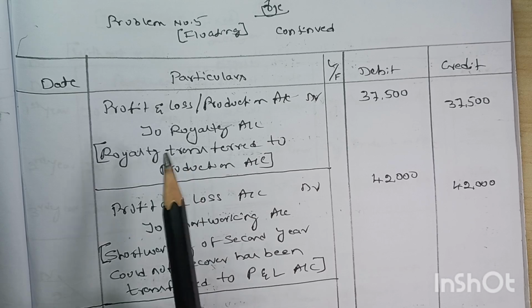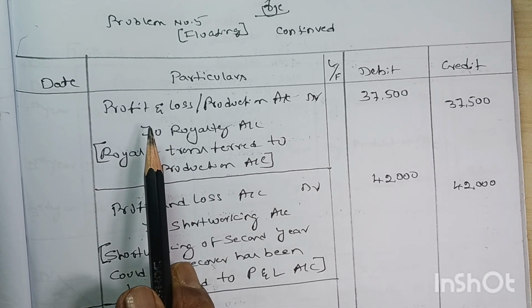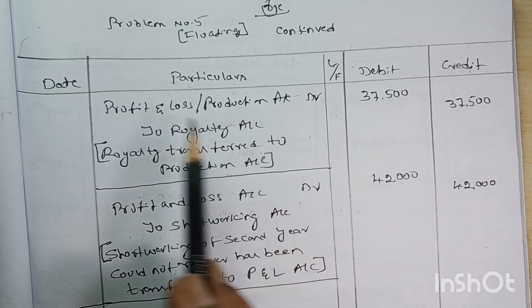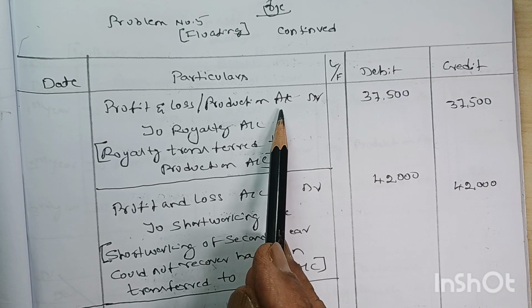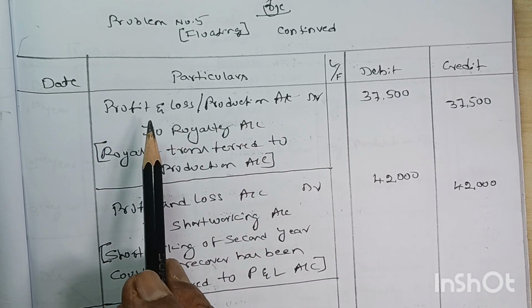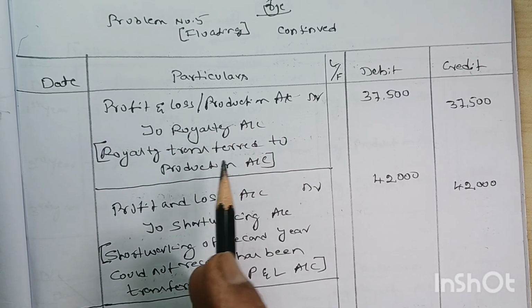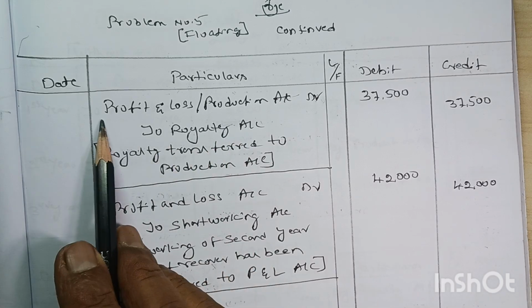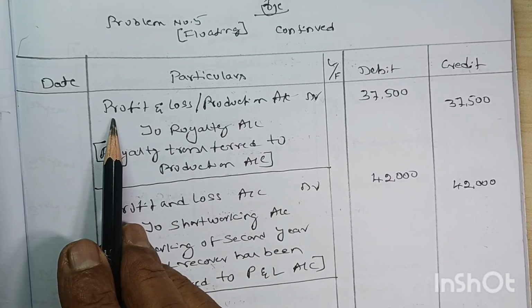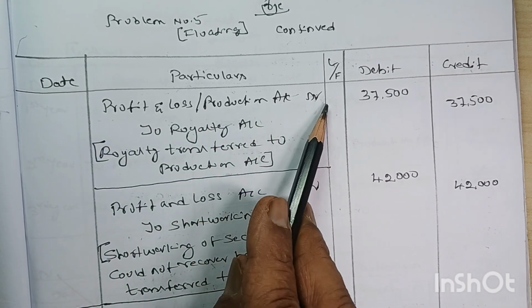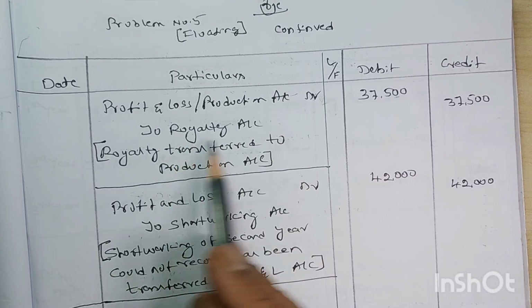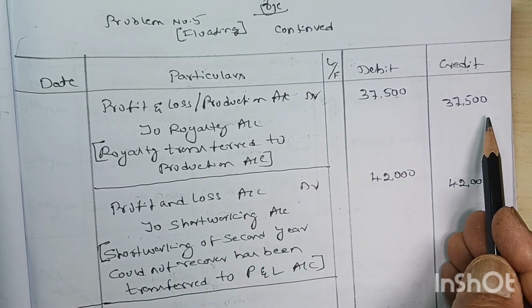Now the next journal entries I have written here to let you know that profit and loss account or production account, whichever you write, I was simply telling orally. Now I have written it vertically and formally, that means either you can write profit and loss account or production account debtor 37,500 to royalty account 37,500.